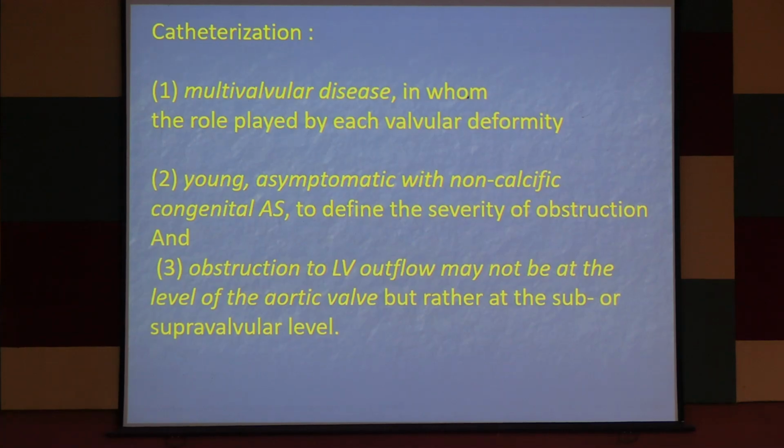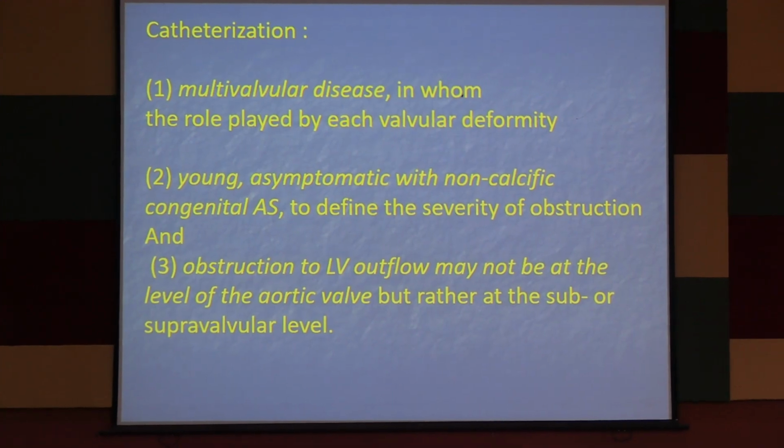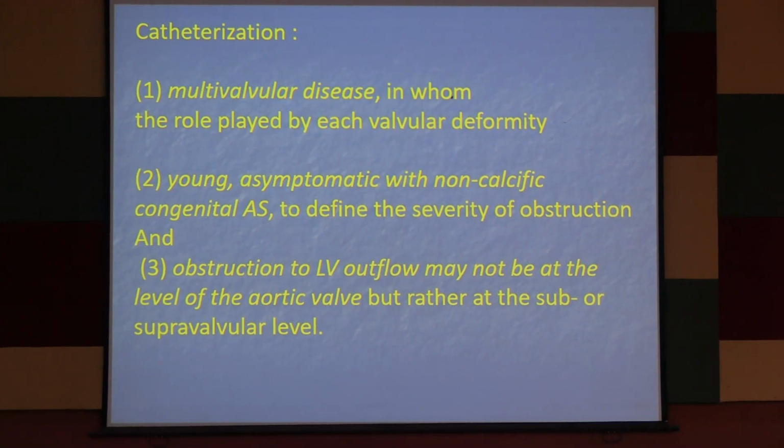In that case, cardiac catheterization is needed. Number one, multivalvular heart disease. Number two, young asymptomatic with a non-calcific bicuspid aortic valve. And number three, to determine precisely the level of LV outflow tract obstruction.